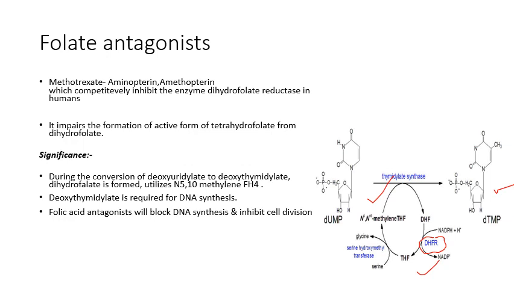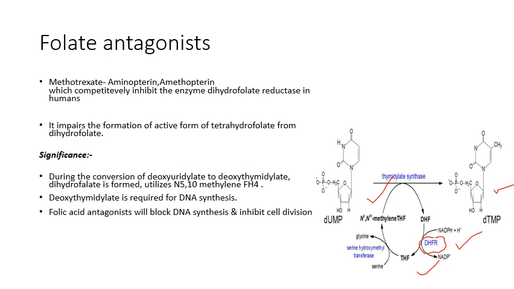Folate antagonists, specifically methotrexate, block DNA synthesis and inhibit cell division by inhibiting the dihydrofolate reductase enzyme. Why? Because dihydrofolate and the folate antagonist have structural similarity, so both compete for the dihydrofolate reductase enzyme.